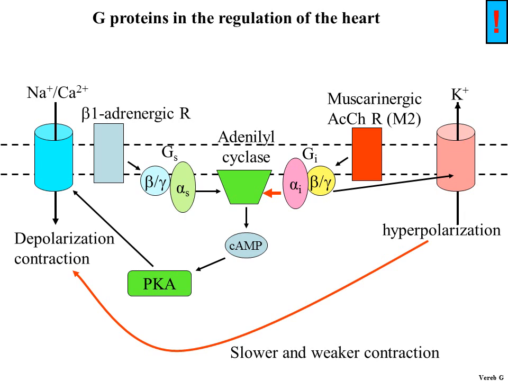Now in the heart, there's this G protein coupled muscarinergic or muscarinic acetylcholine receptor, which couples to an inhibitory G protein. And the inhibitory G protein does two things here when it's time to relax. First of all, the alpha inhibitory inhibits the adenylyl cyclase, so that it counterbalances the still existing alpha stimulatory effect on the cyclase, and therefore inhibits this phosphorylation pathway.